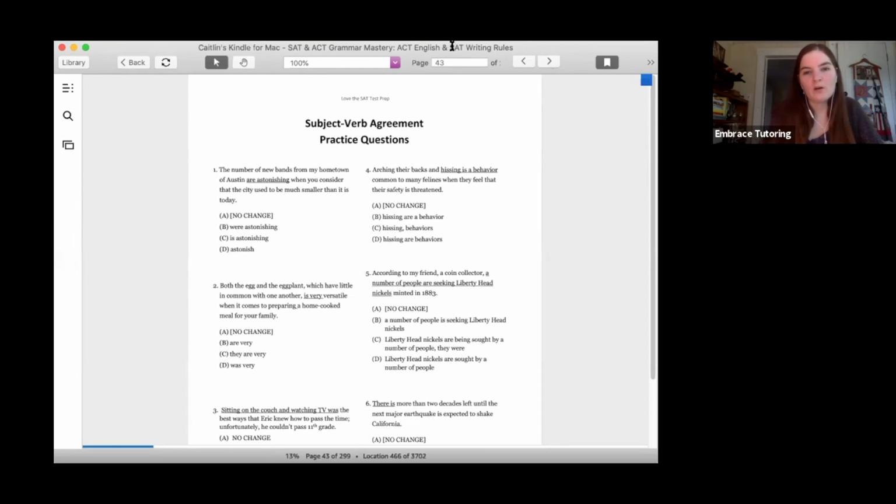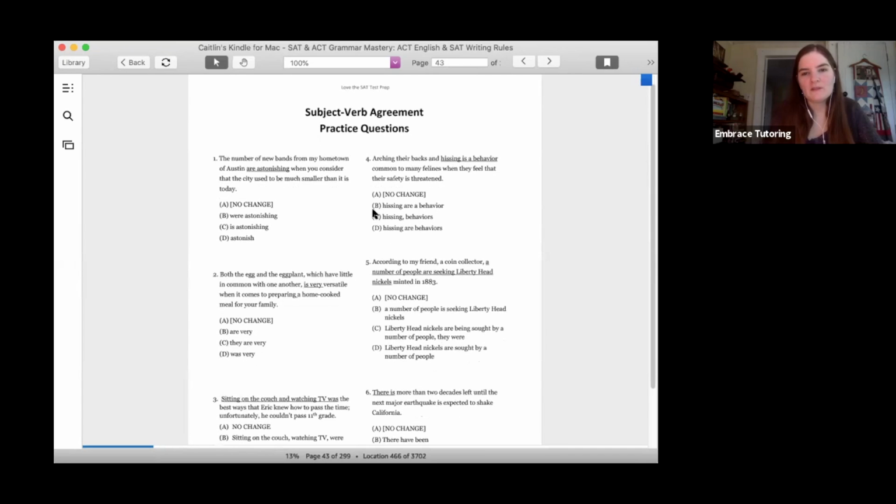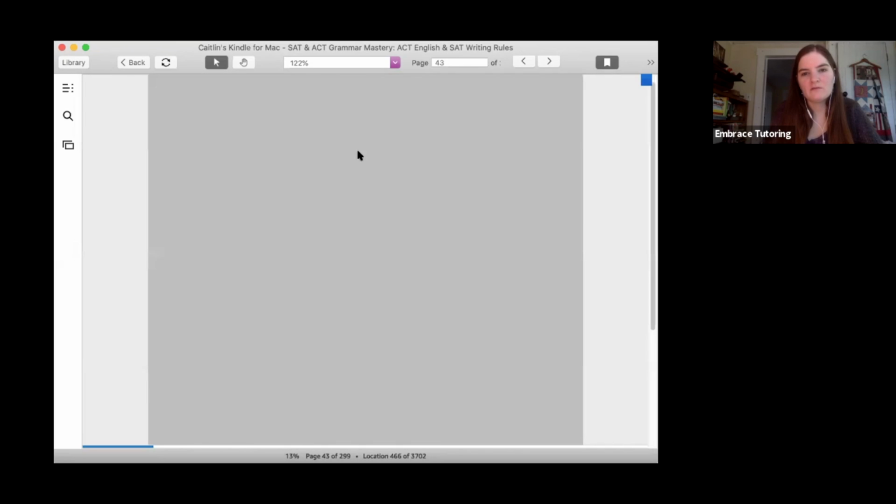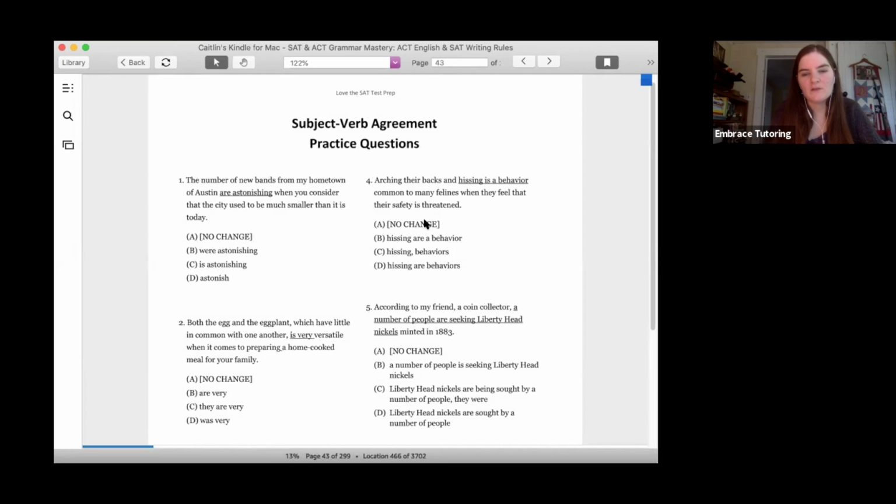So number 4, in case you can't see it, I'll zoom in. "Arching their backs and hissing is a behavior common to many felines when they feel their safety is threatened." You could keep it as is. You could change it to "arching their backs and hissing are a behavior common to many felines when they feel that their safety is threatened."